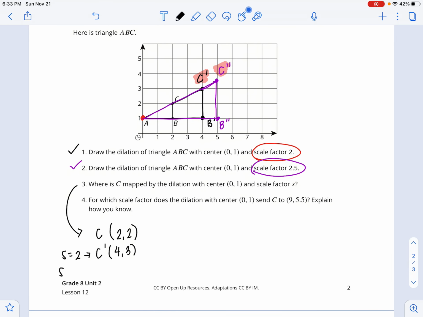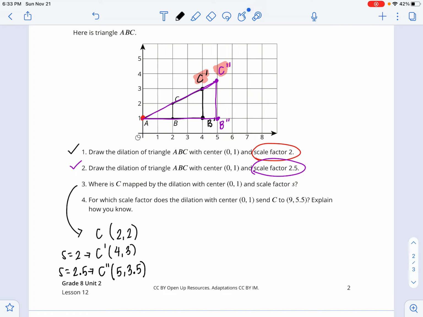And when the scale factor was 2.5, we ended up with the coordinates of C double prime, which were (5, 3.5). And so we can see how the scale factor is affecting the coordinates.